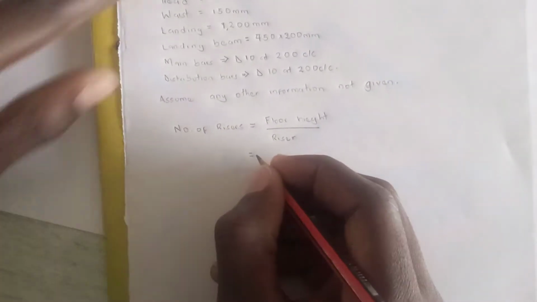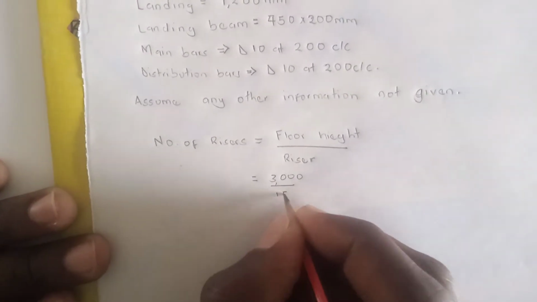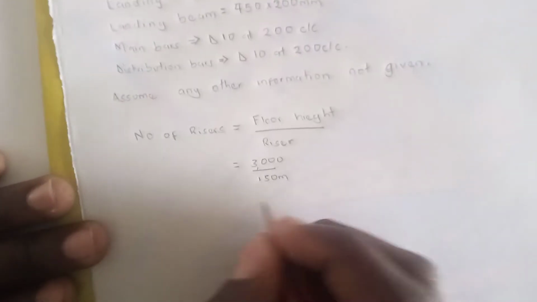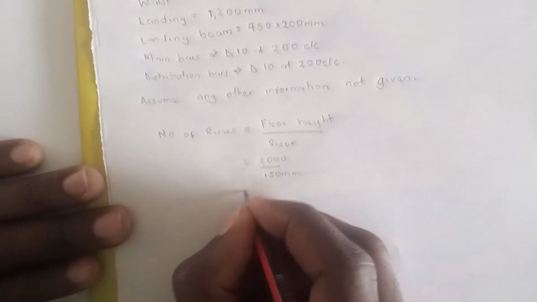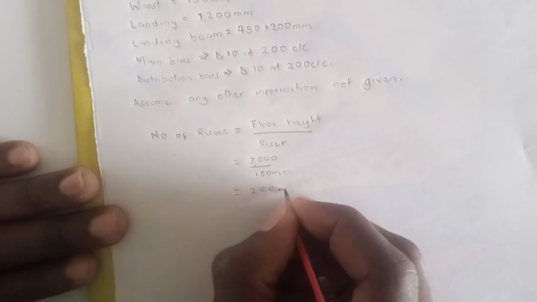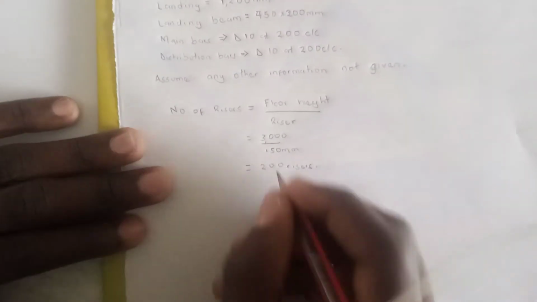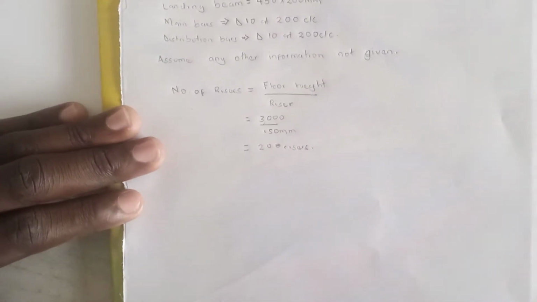So this one will have 3000 divided by 150 millimeters. For this one we are going to get 20 risers. We'll have 20 risers for the total flight of the staircase.